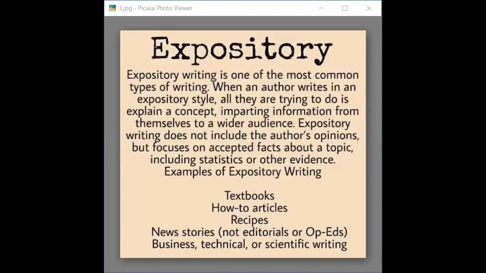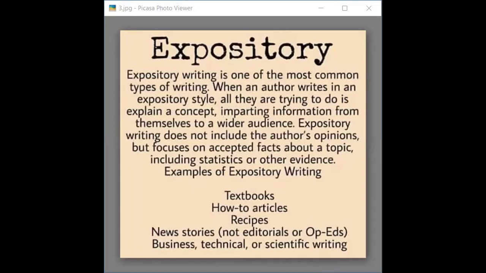Expository writing does not include the author's opinions, but focuses on accepted facts about the topic, including statistics or other advice. Examples of expository writing: textbooks, how-to articles, recipes, news stories, not editorials or op-eds, business, technical, or scientific writing.